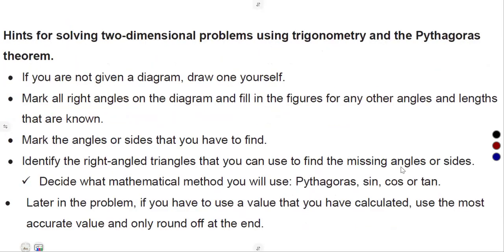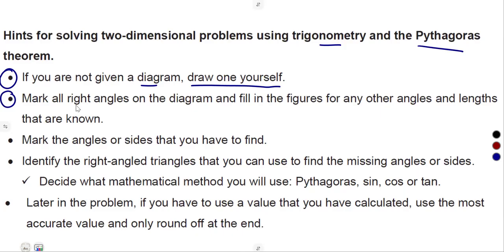In order for us to apply these in our two-dimensional problems using trigonometry and Pythagoras theorem, the first thing: if you are not given a diagram, draw one yourself. Make a sketch of the information that you're given.